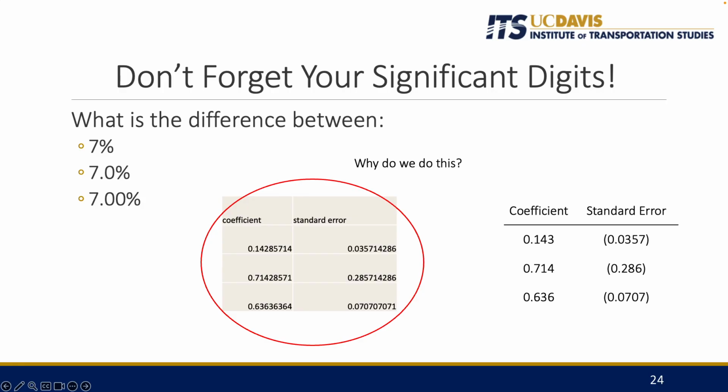Who can help me out here? What's 720 times 0.54? 388.8. 388.8 megawatts.